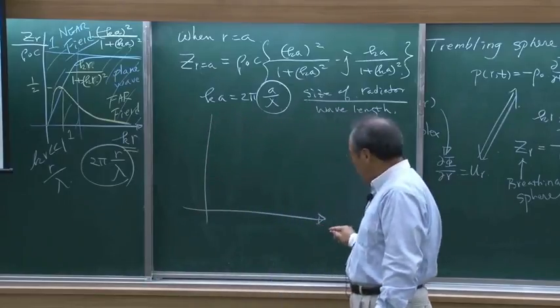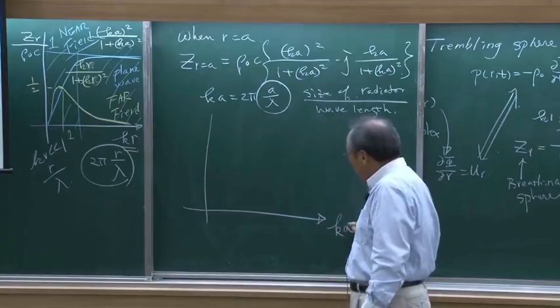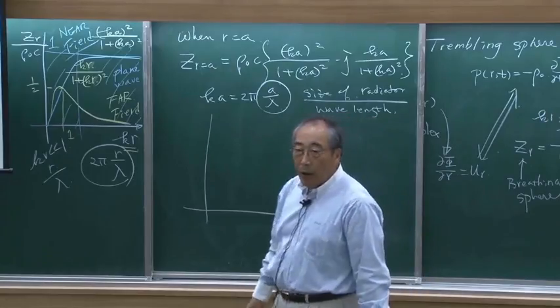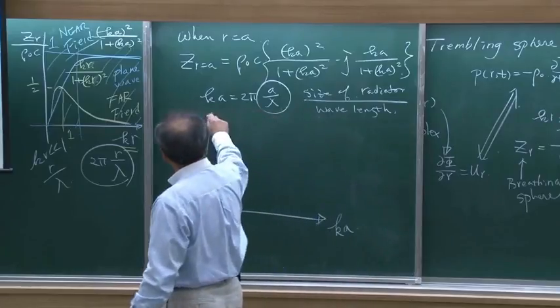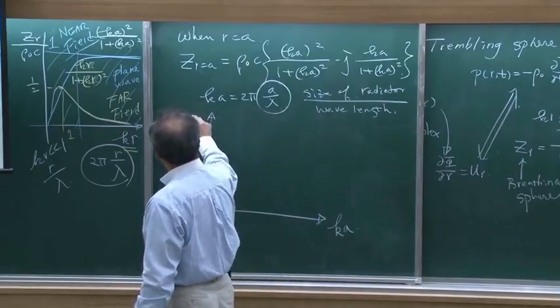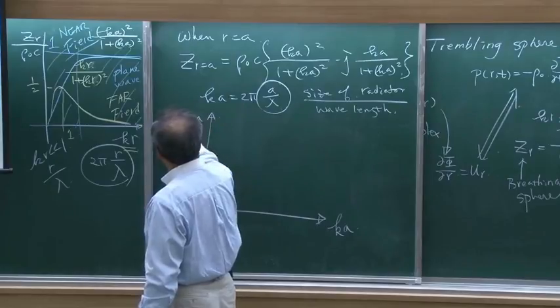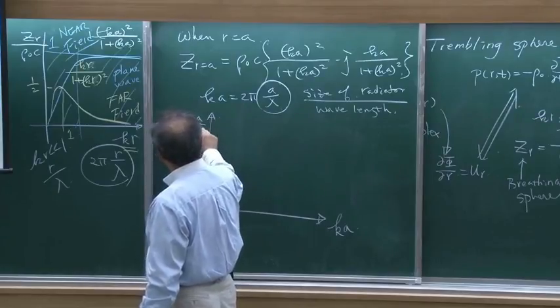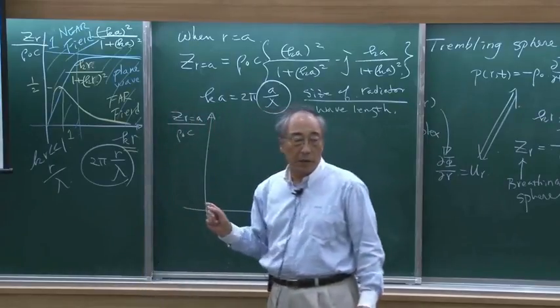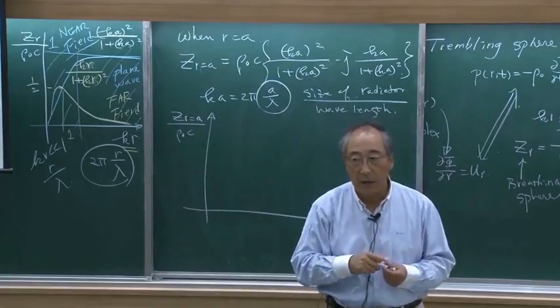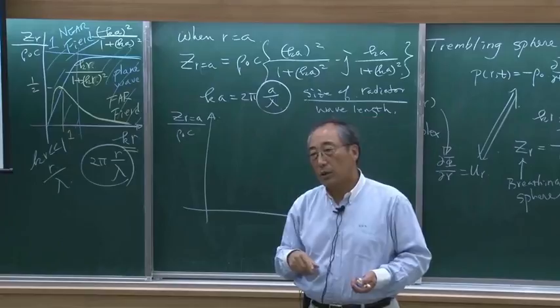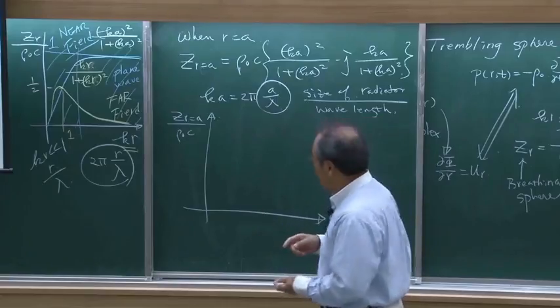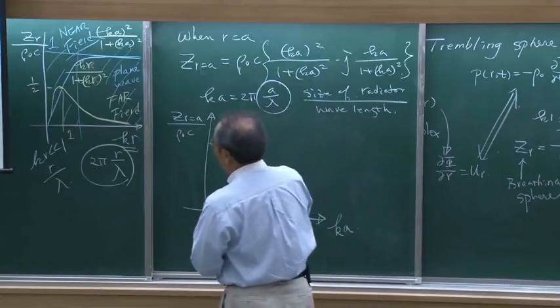But in this case, the wave has to be seen in terms of Ka. And this is the radiation impedance when r equals a divided by rho 0 c. The physical meaning of this is exactly the same as the driving point impedance that we studied before.